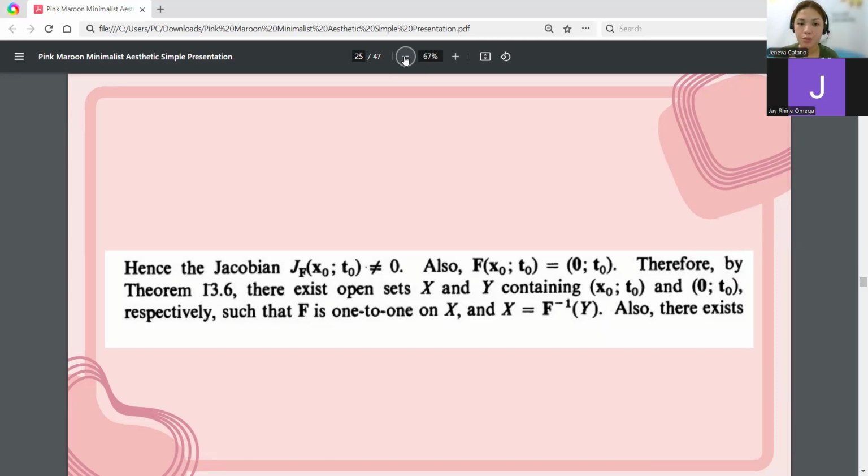Therefore, by theorem 13.6, there exist open sets X and Y containing (x₀, t₀) and (0, t₀) respectively, such that f is one-to-one on X, and Y = f(X). Okay, next.